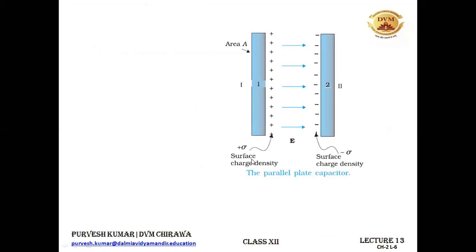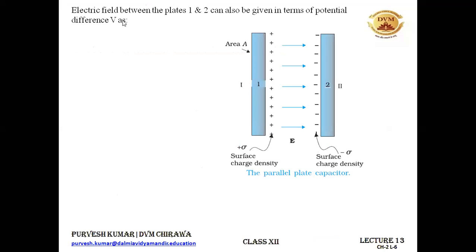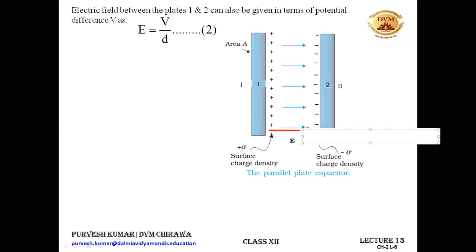Now, the electric field in between plates 1 and 2 can also be given in terms of the potential difference V. So if V is the potential difference between these two plates, let me write it for you. Because of the charge present on these plates, there must be some potential difference between them. So if V is the potential difference value, then we can easily say this.